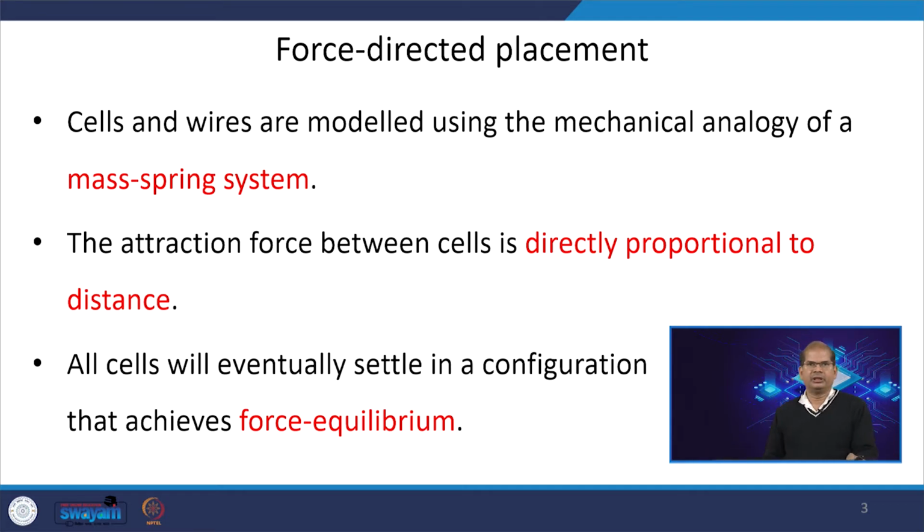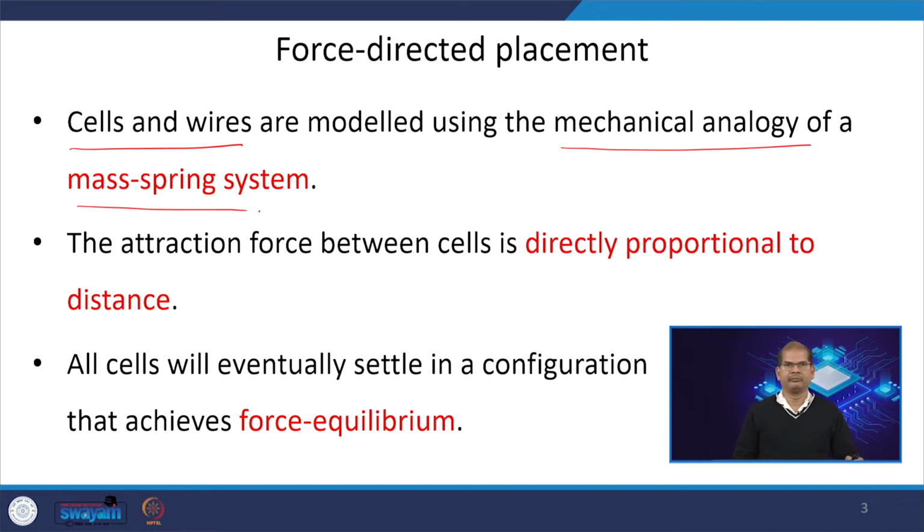So, what is force directed placement? In this type of placement algorithm, the cells and the wires are modeled using a mechanical analogy of a mass spring system. Whenever you have a mass and spring system, there is an attraction force between the cells, directly proportional to the distance.